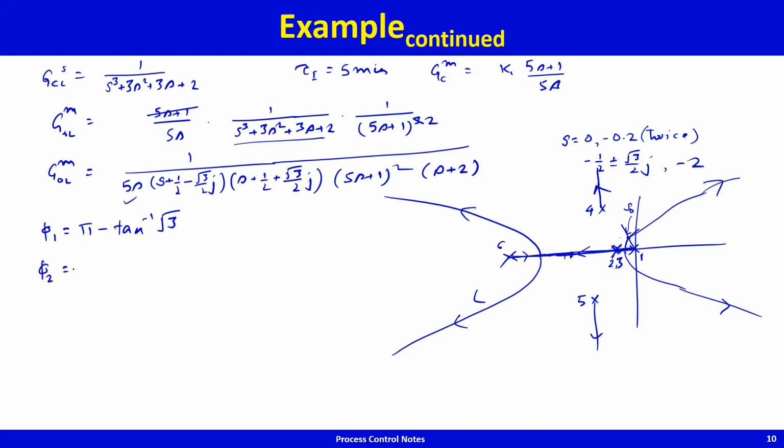Phi 2 and phi 3, because they are repeated, is going to be tan inverse square root 3a divided by 0.2 minus a, and here I am putting S naught equal to minus a plus square root 3aj.